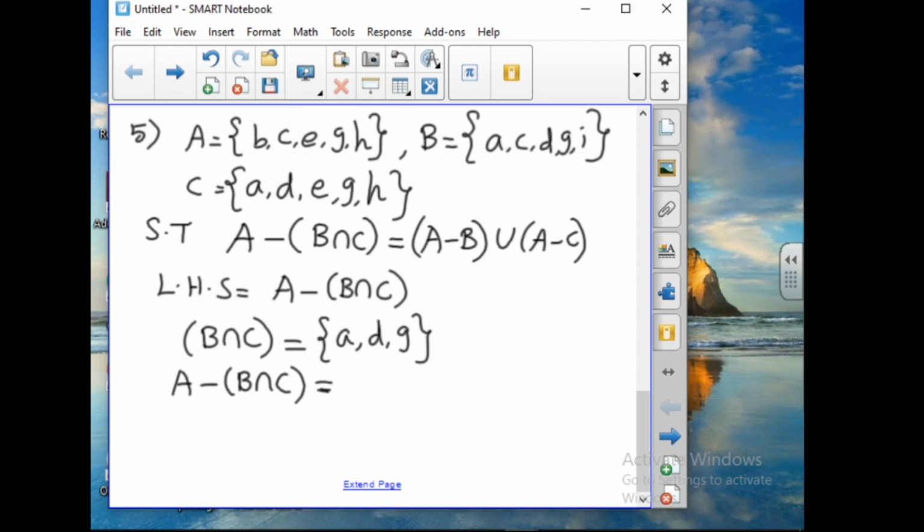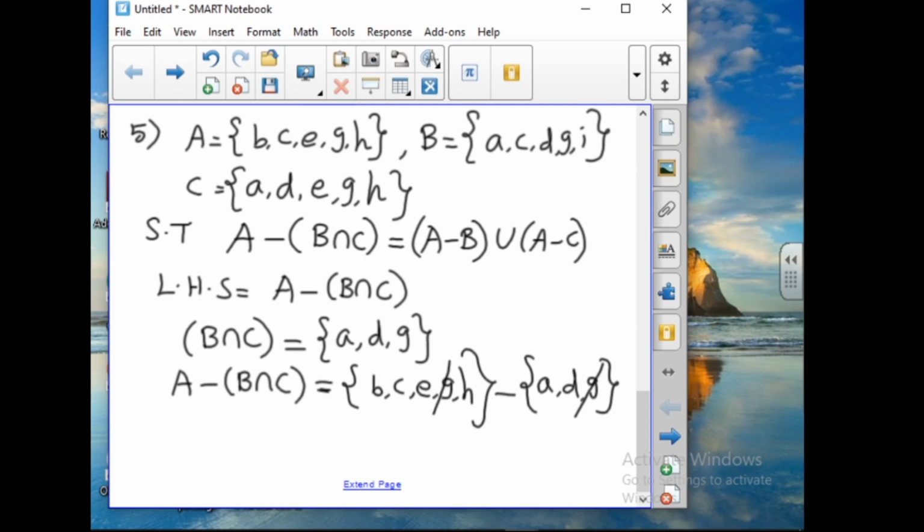A difference means first you should write the A set. A set is B, C, E, G, H. From this you have to omit the elements A, D, G. A is not there and D also not there, and G is there.